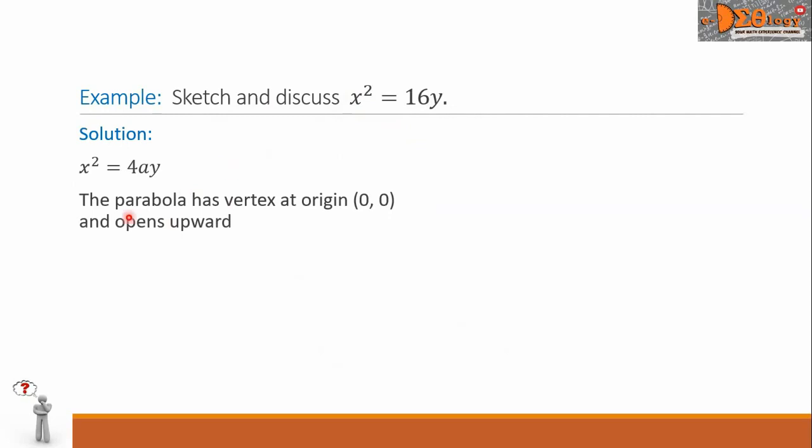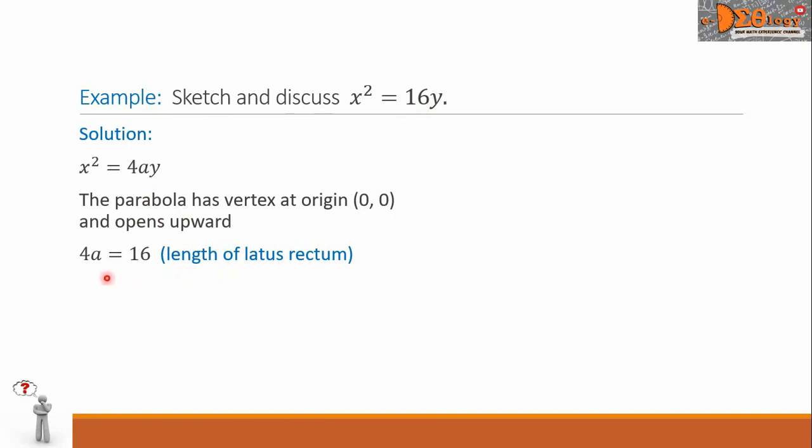So this is a parabola with vertex at origin (0, 0) and opens upward. Taking that value 16, because that is equal to 4a, we know that this is the length of the latus rectum.